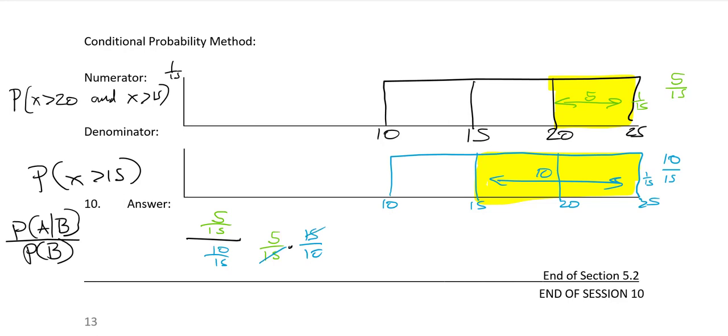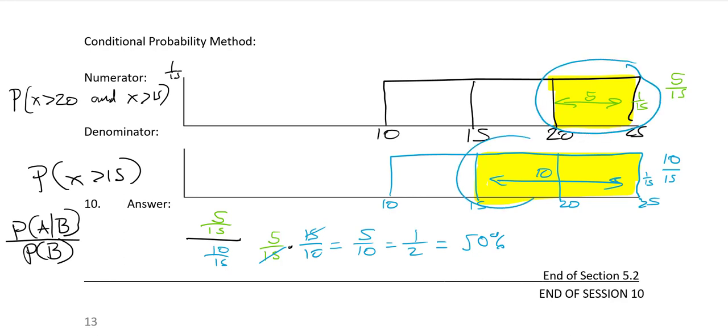You could also do some cross simplification or cross canceling, you might have heard. And that gives me 5 in the numerator, 10 in the denominator, which is reducible to 1/2, which is 50%. Some of you may have seen that, because if you look at this chunk versus these two chunks, the two chunks size-wise make basically half in the numerator than it is in the denominator.